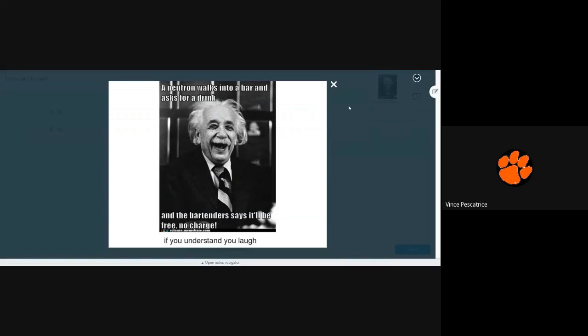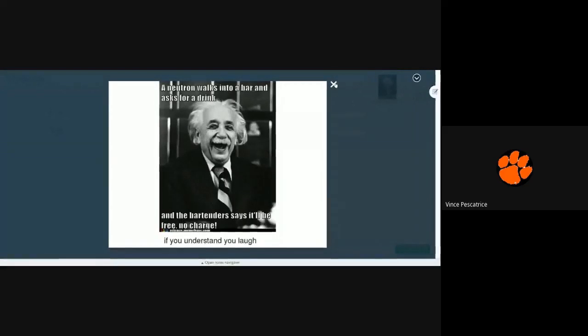All right. A neutron walks into a bar, asks for a drink. The bartender says, "It'll be free, no charge." Do you get it? Oh, come on.